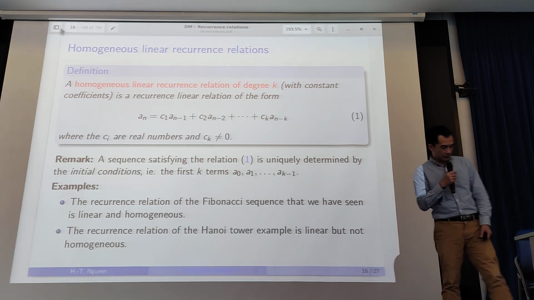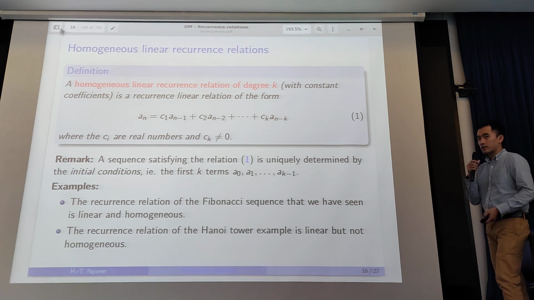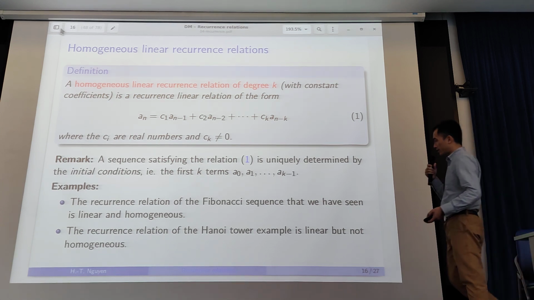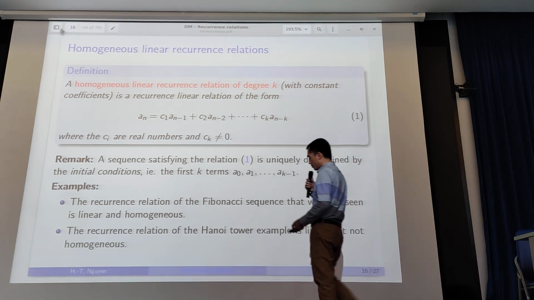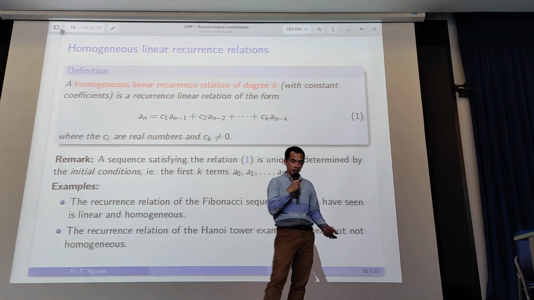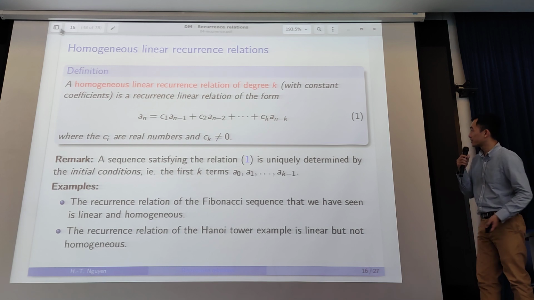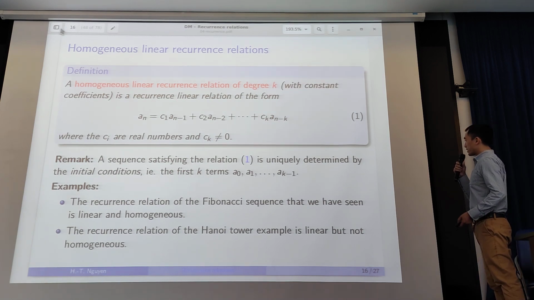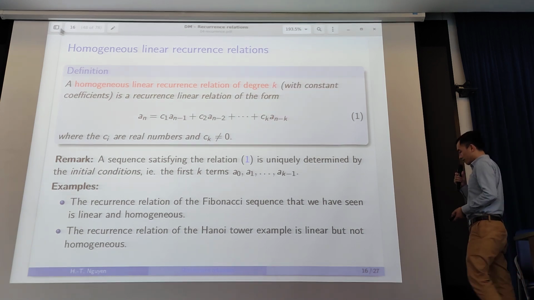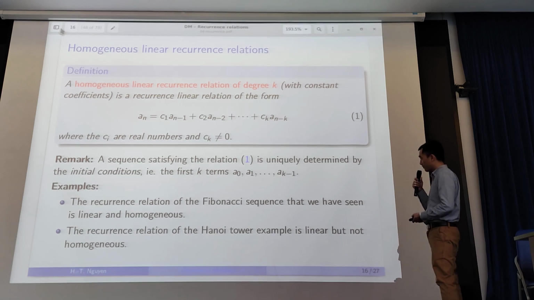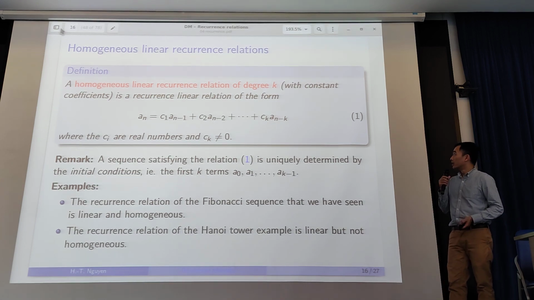And in order to solve, here I will present to you the general result, and then after that we will apply the result to concrete examples. Okay, we will see how we use the result to solve the Fibonacci sequence.